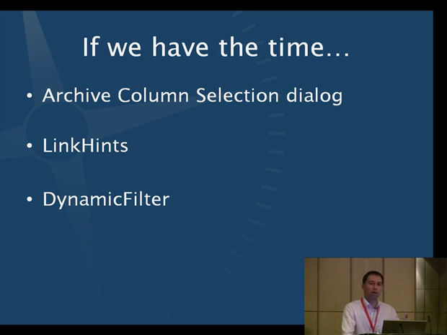And if you have several entities, you can have different link hints for each entity. So when you're double clicking on the document row in the activity list, you're getting the document dialog. If you're double clicking an appointment, you're getting the appointment dialog. And of course, at the end, but I don't think I have the time for that, there's dynamic filter. So I can start with the link hint if that's what you want to see.